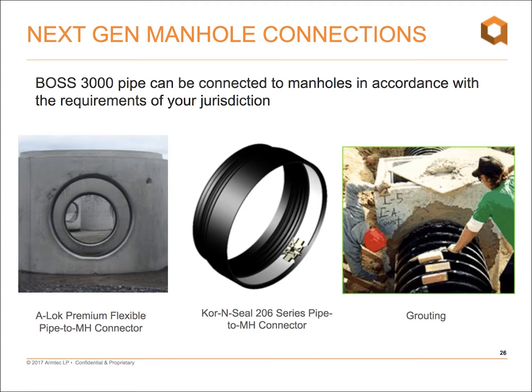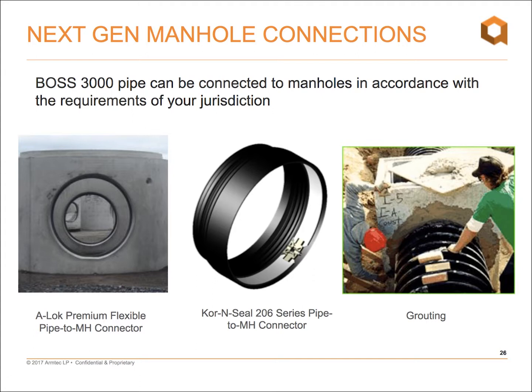We can also connect to manholes using the A-lock flexible gasket that is casted inside the manhole opening, or partnering with a company called Trelleborg, we can also connect to manholes using their core and seal system. And this will lead us to the next poll question.